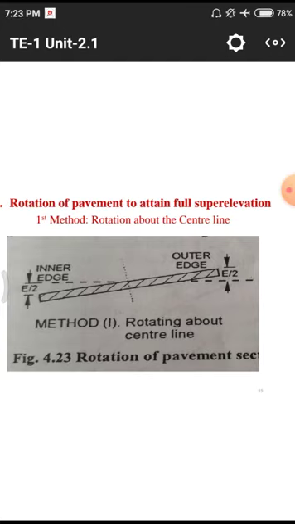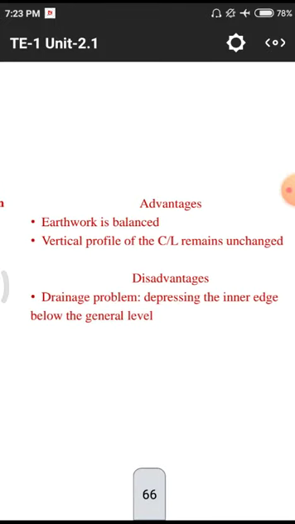That means whenever the vehicles are moving in a circle, we need to keep one edge constant. That means the inner edge we keep constant, and we simply raise the outer edge, so that the crown-shaped adjustments will be done. These are the advantages and disadvantages, as previously discussed, mainly to eliminate the drainage problem.